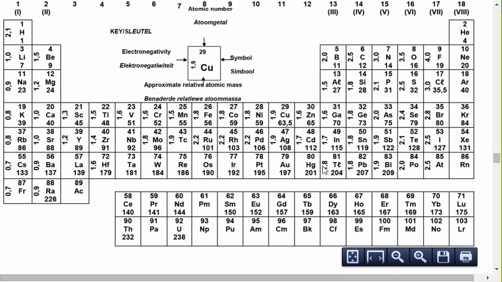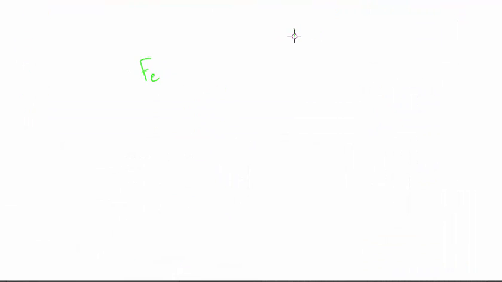Transition metals don't necessarily have the same number of valence electrons, and so one iron might have a different number of valence electrons than another iron. So you'll see often they write something like iron(II) oxide. Okay. Now, what type of bond is this?